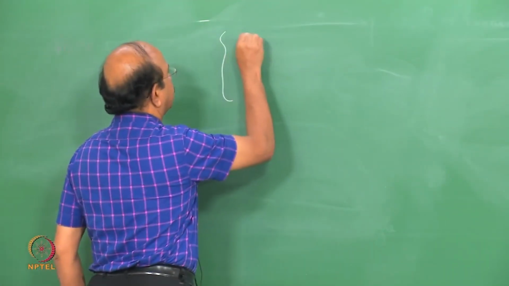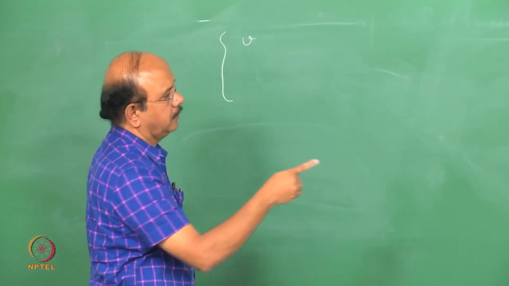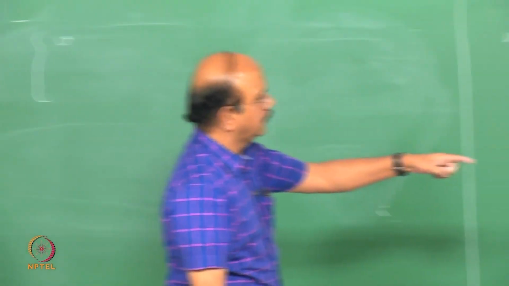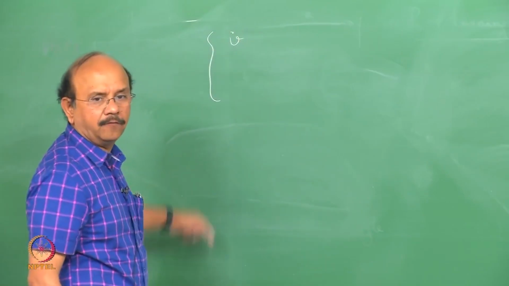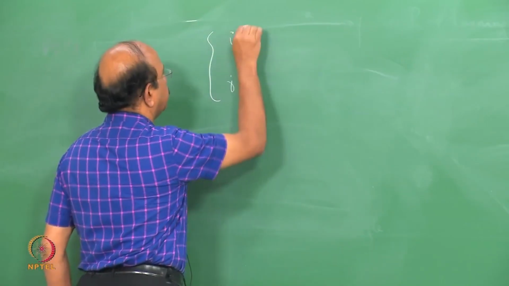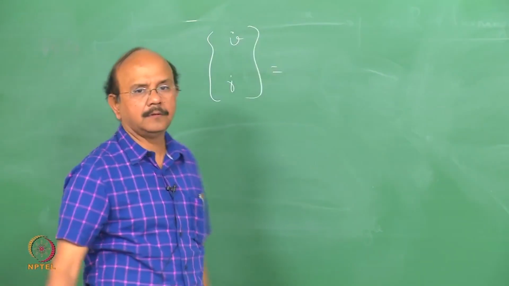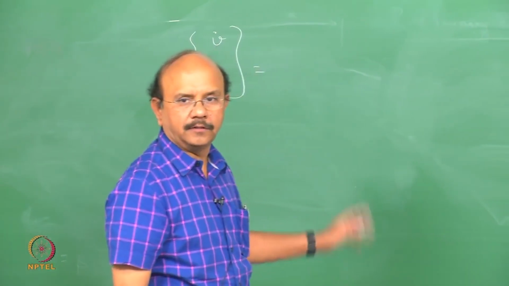I'm going to write this as V dot and R dot. Those are the two things I have, the second expression and R dot.